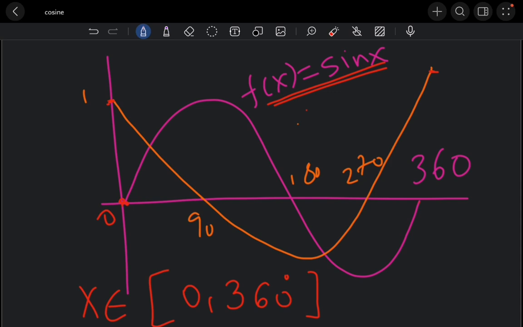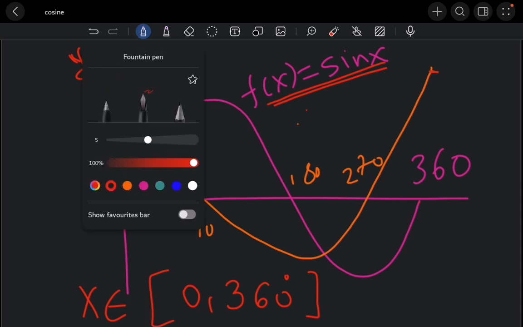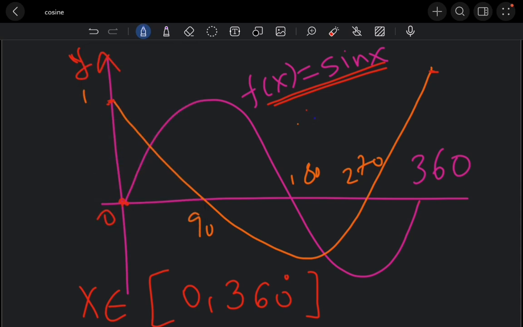All right, now if we're interested in finding the range, we look at the y coordinates in which our function covers. Now let's start with the sine function. So our function's highest point is at 1, lowest point is at -1.